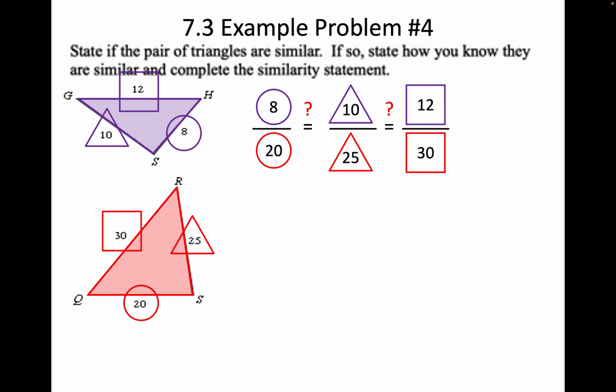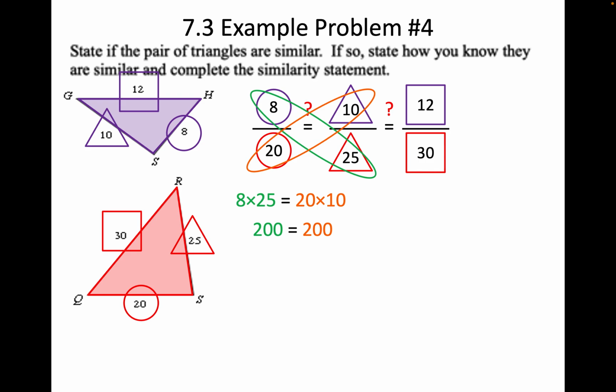Another way I could do this problem is instead of doing the fractions, I could use cross multiplication multiple times. So I could say, is it true that the first two ratios are proportional? And I can do that using cross multiplication. So is 8 times 25 equal to 20 times 30?